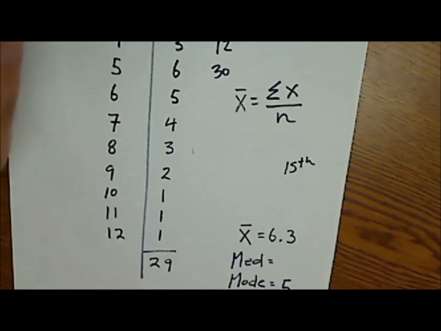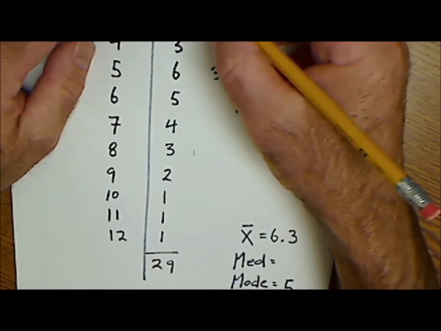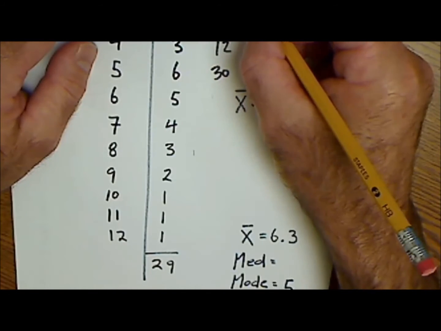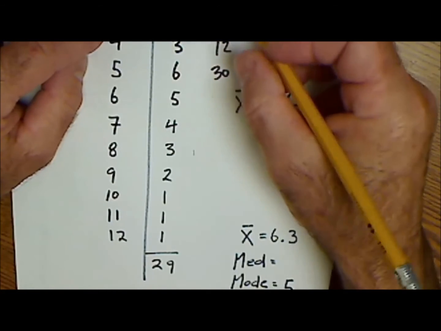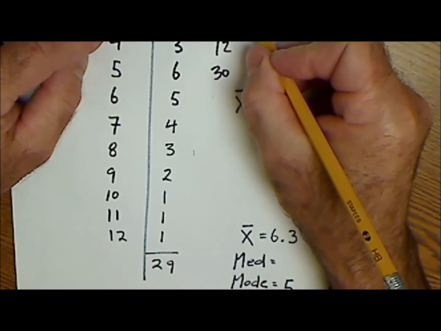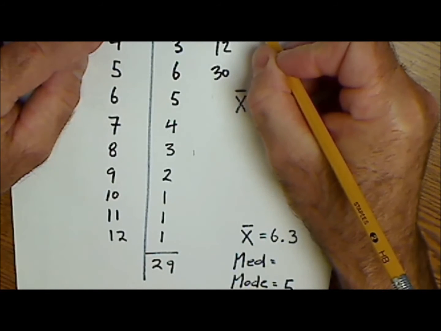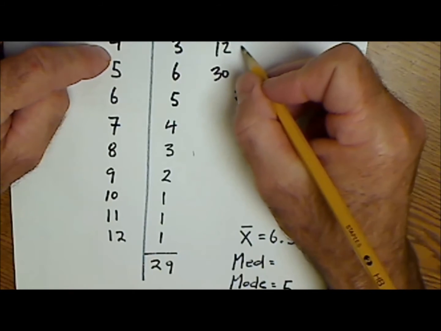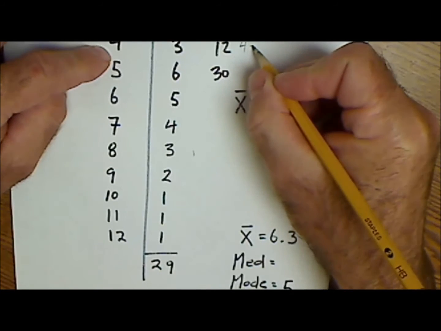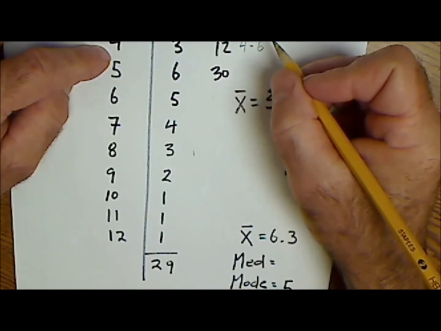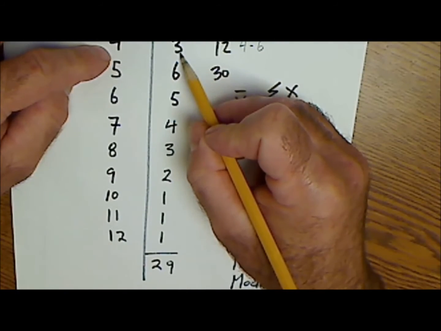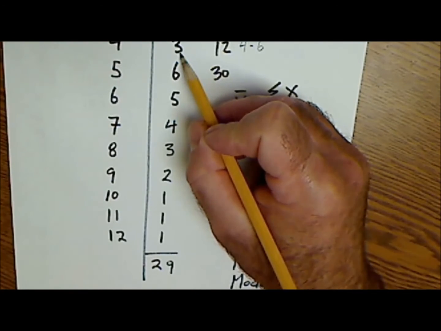Or I could look at cumulative frequency off of this and say, this is my first value. This is my second and third value. This right here, 4, is my 4th through 6th value, because there are 3 values of 4, so it's my 4th, 5th, 6th value.